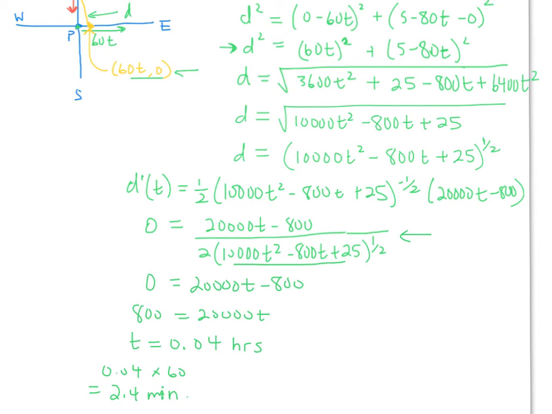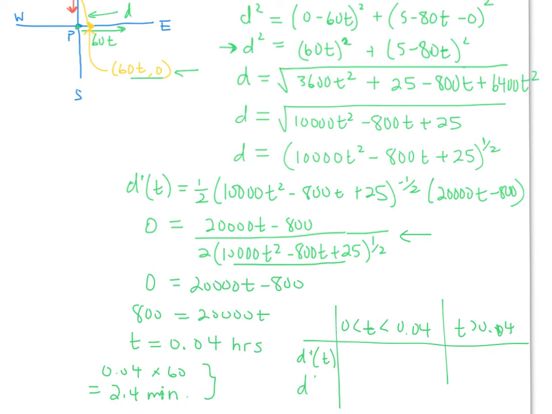We should also prove that this actually is giving us a minimum. Logically it should, but we should be checking. Time has to be greater than or equal to 0, so we're going to check between these values of time, and time being greater than 0.04, just to make sure that we do reach a minimum here.